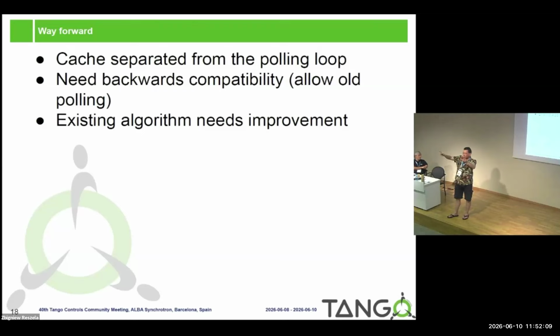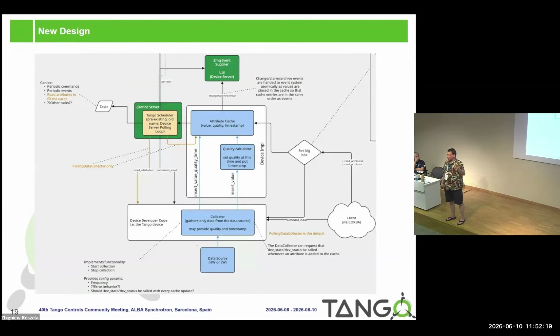So three different tasks, three different jobs. The first one is, okay, the elephant in the room: fetching data from our device, from our hardware, from our data source somehow, right? And providing it to the Tango device.